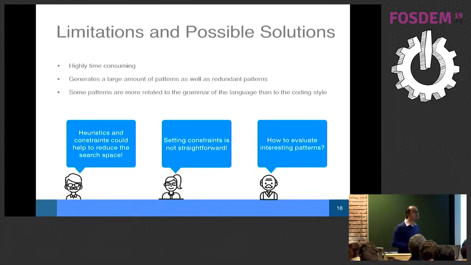One of the issues that we had in the first year is that we were able to mine patterns, but in the end, even saying what is boring and what is interesting is not so easy. It means that maybe after hours of computation, we are going to have a lot of patterns, but you don't know whether they are useful or not. And if you don't know this, you are not able to tweak your algorithm.